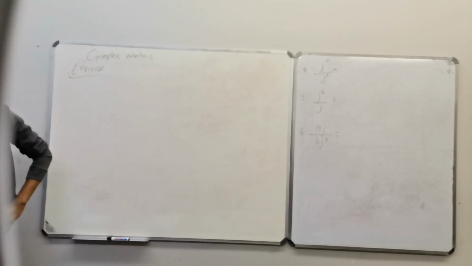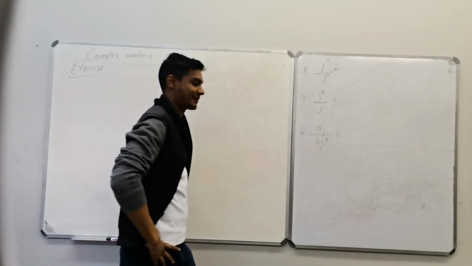Yeah, this is minus j to the power 6. We have it. Then here you go, only this 2j squared.